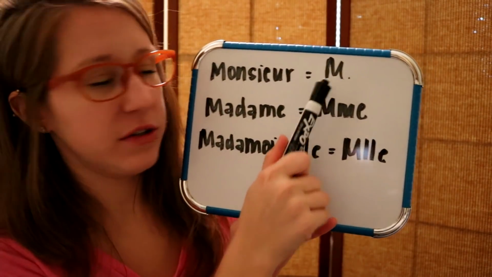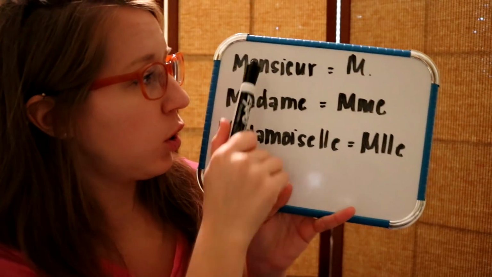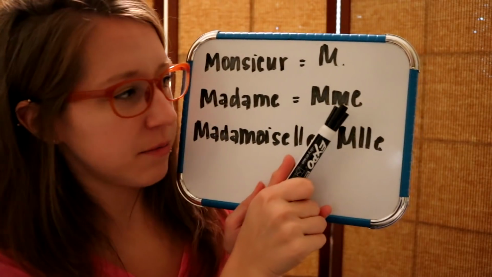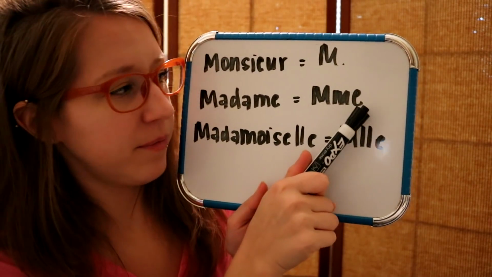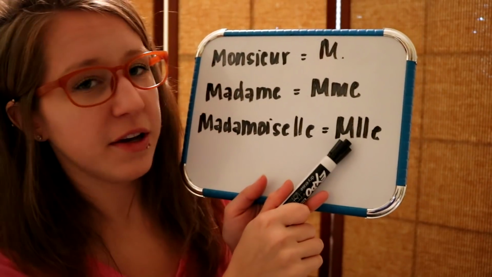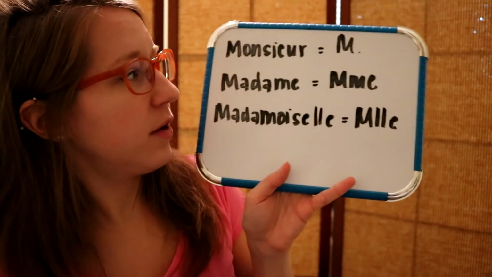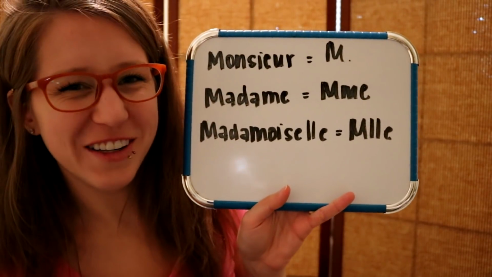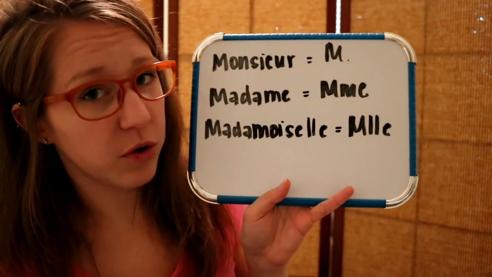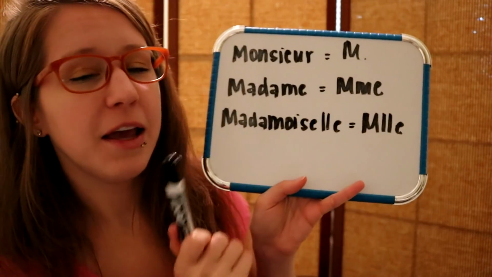These are your abbreviations. Whereas we have MR, they just have an M period for Monsieur. Madame is uppercase M, lowercase m, e. And Mademoiselle is uppercase M and then lowercase lle. So in French, these are your abbreviations for each of the corresponding words. Again, it's Mr., Mrs., and Ms.